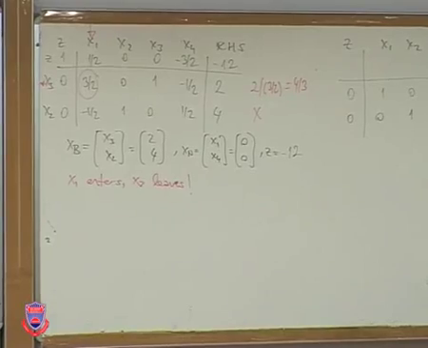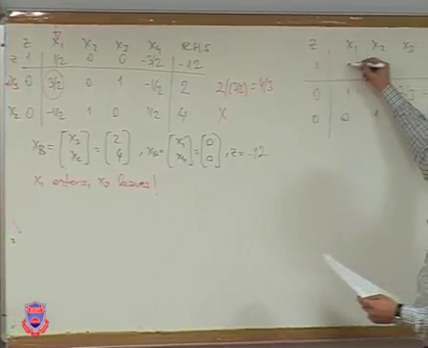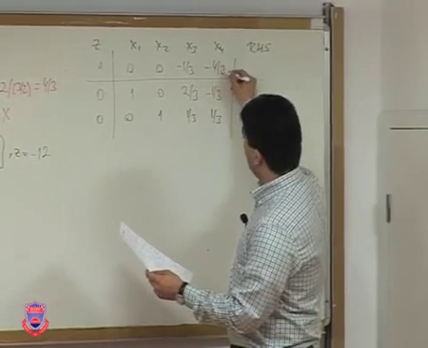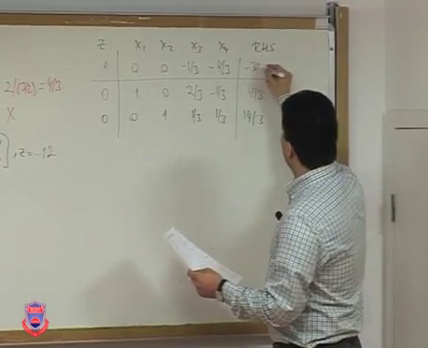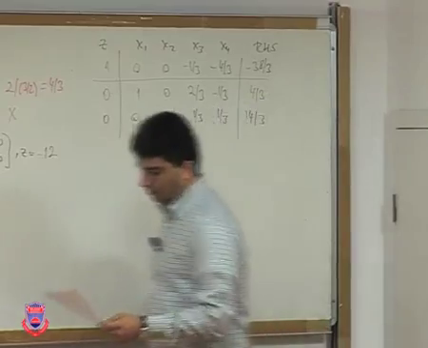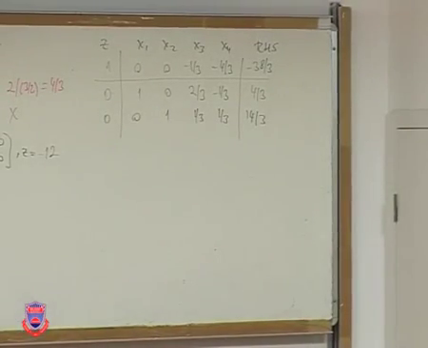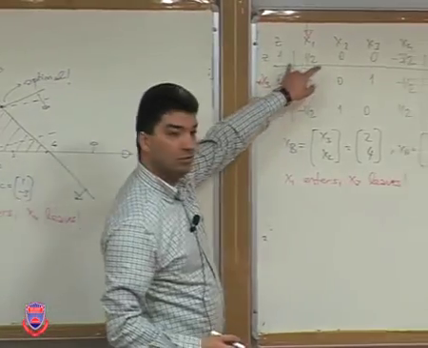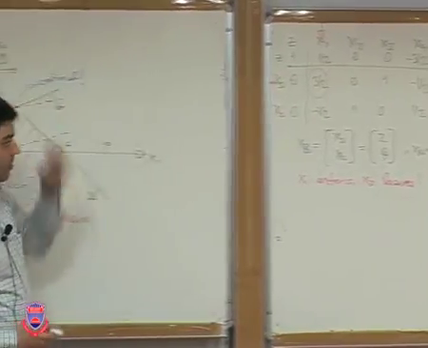If you do that, then you have 1, 0, 0, minus 1 over 3, minus 4 over 3, and the right-hand side is minus 38 over 3. Once again, I take the new row 1, multiply it by minus 1 over 2, and add it to old row 0, okay?